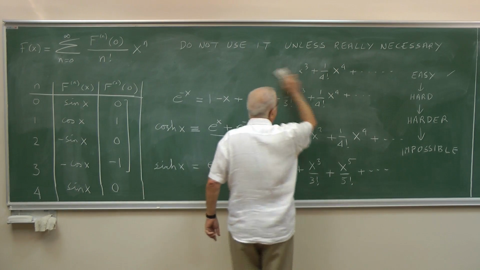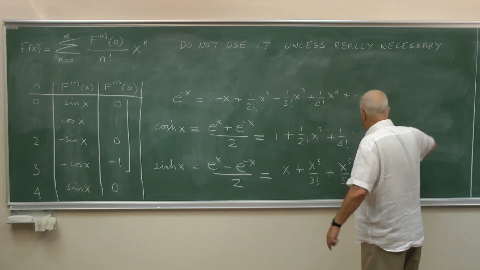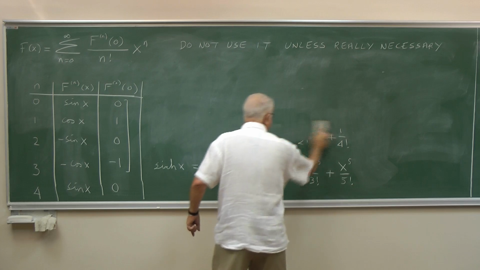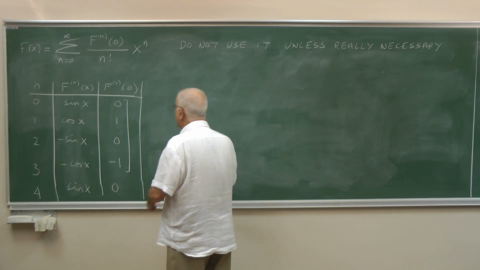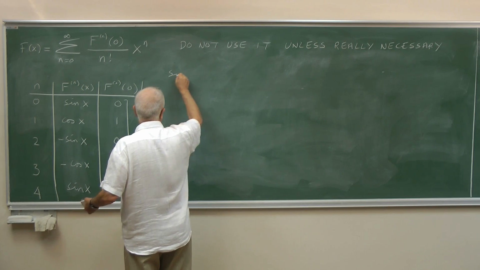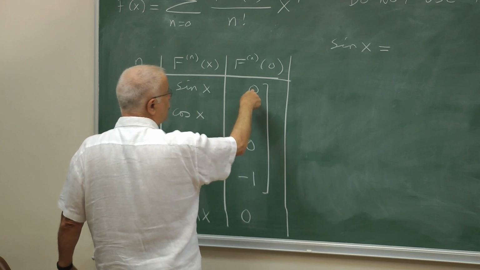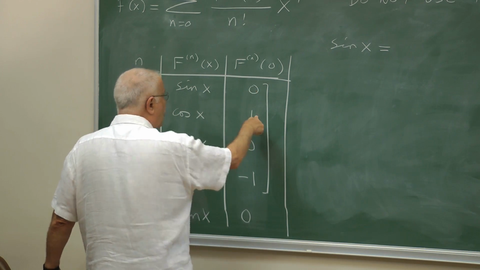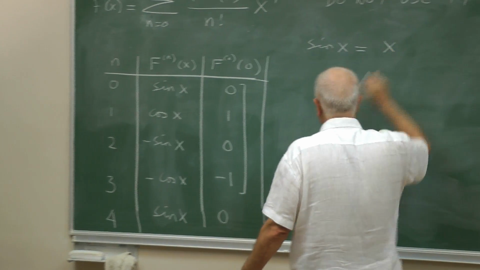So this 4 will repeat itself. And it is not all that difficult to write it down. Sine x will be 0 times 1, okay. Then 1 times x divided by 1 factorial, which is x.